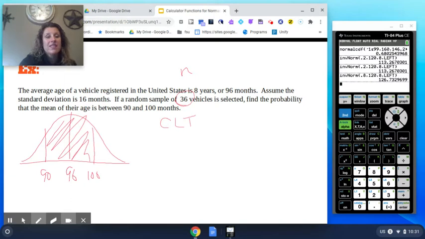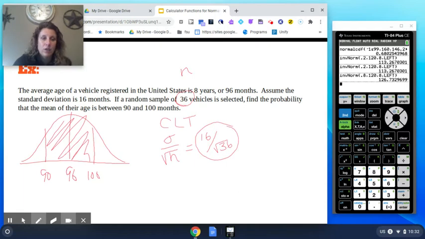So we have to find the standard error, which is the standard deviation divided by the square root of n. So our standard deviation for this particular problem is 16, and we're going to be dividing that by the square root of 36. So when we enter our standard deviation into this calculator function, we need to make sure that we're entering this value rather than just 16.